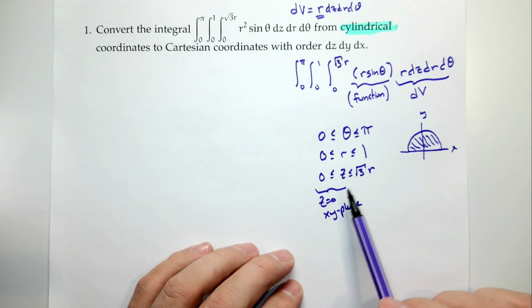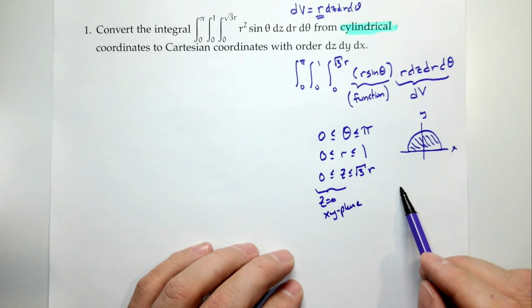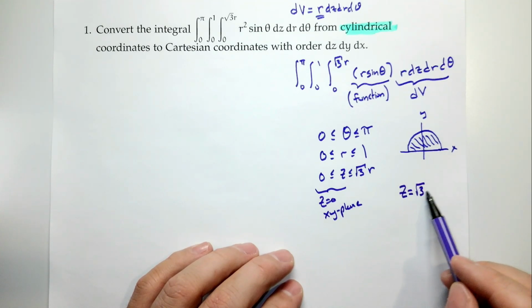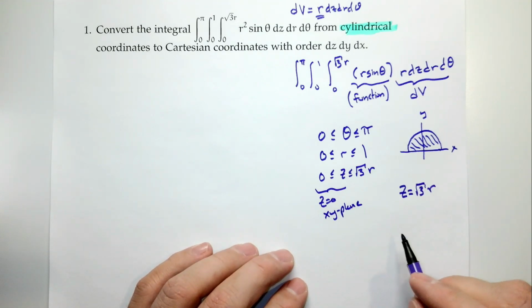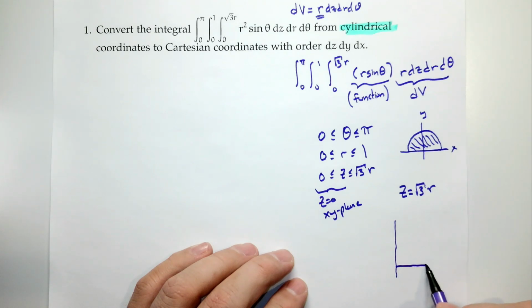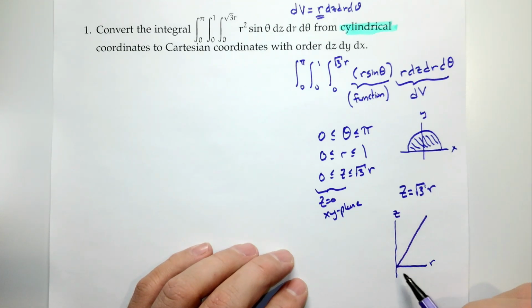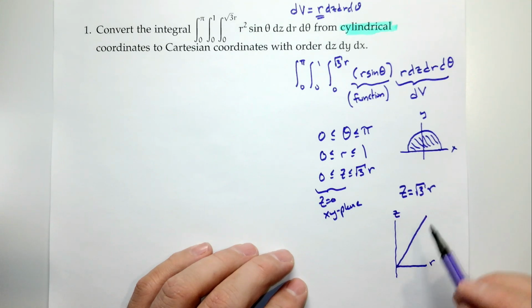Now, z equals root 3 r. That's not so clear, at least not until you get the hang of these things, and we may not be there yet. One way you can think about it is to start by working in what I like to call the rz plane. It's really kind of a half plane. If z equals root 3r, you'd have something going up at a pretty steep angle. It's not 45 degrees, it's a little bit steeper than that. z equals r would be 45 degrees.